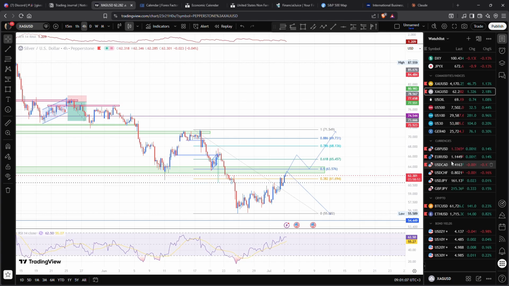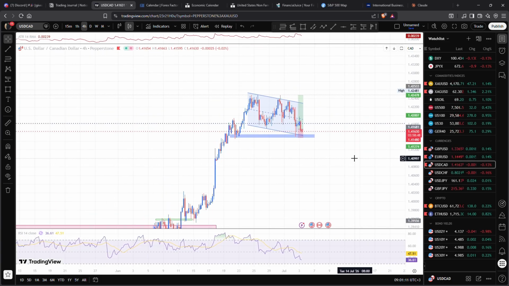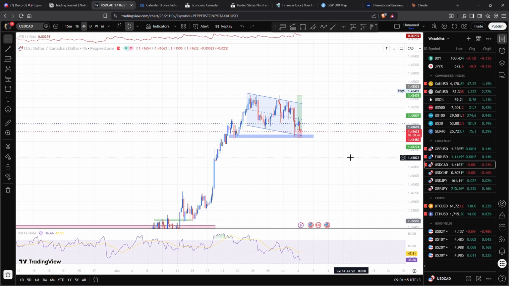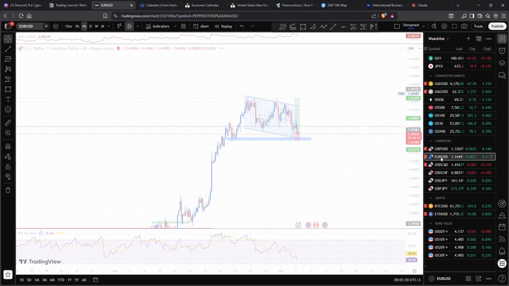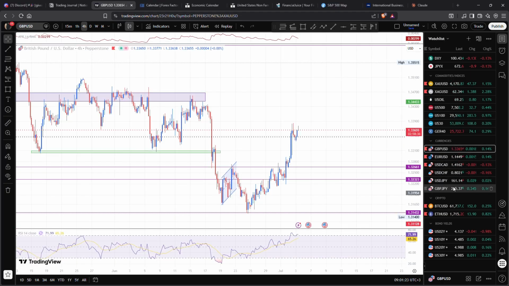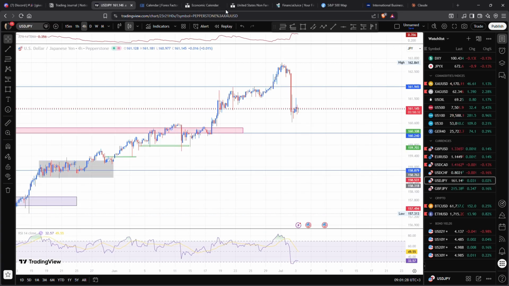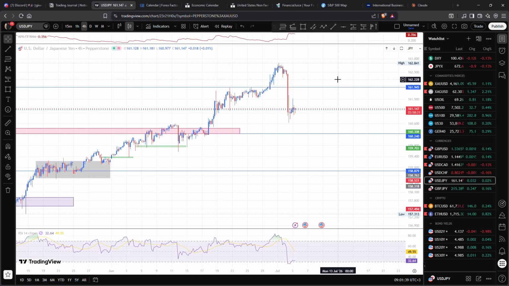I think I have a possible setup on USD CAD, but again, I'm not taking any trades for today. We have a US bank holiday today anyway, so you won't see a lot of momentum or a lot of volatility in the markets. And yeah, I think that's it.